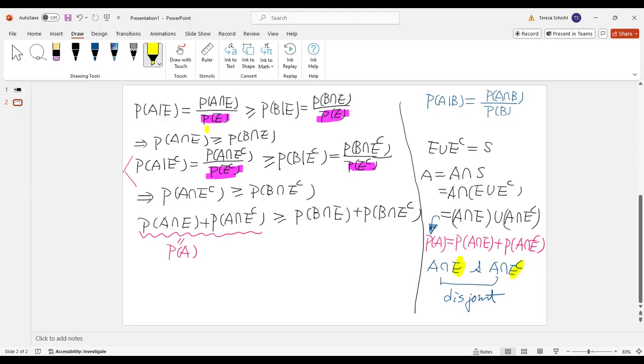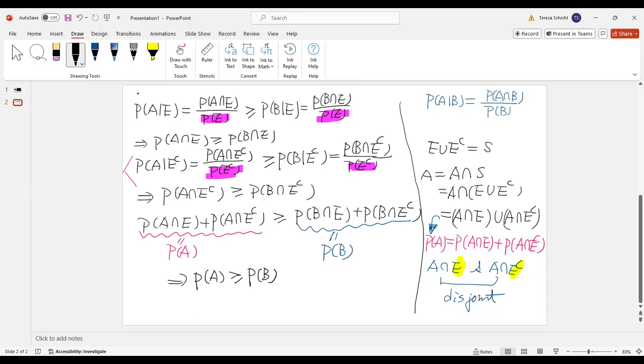For disjoint sets, you can just add the probabilities together. Next, you apply the same thing with B replacing A. So what is this one? This is PB. That is how we proved PA is greater than or equal to PB.